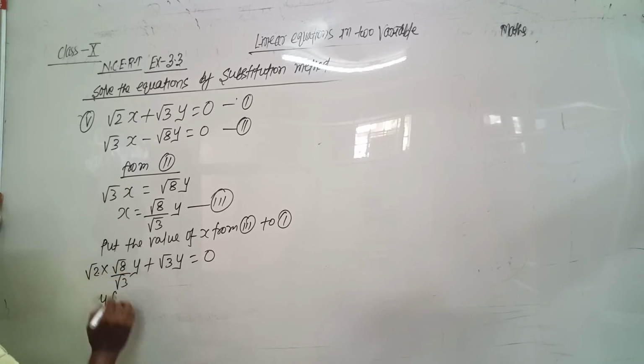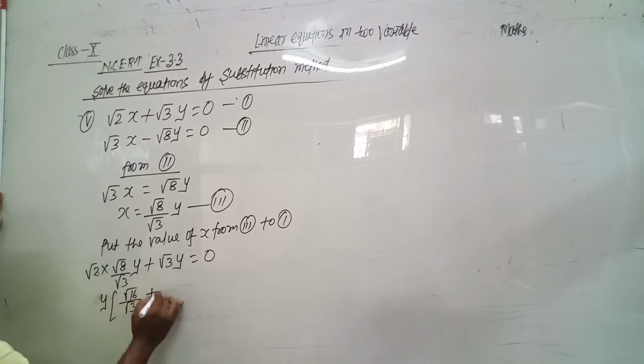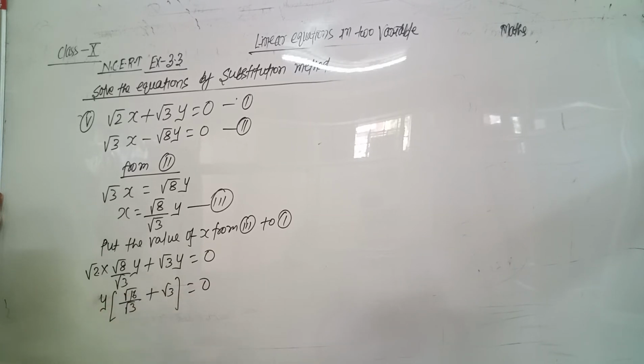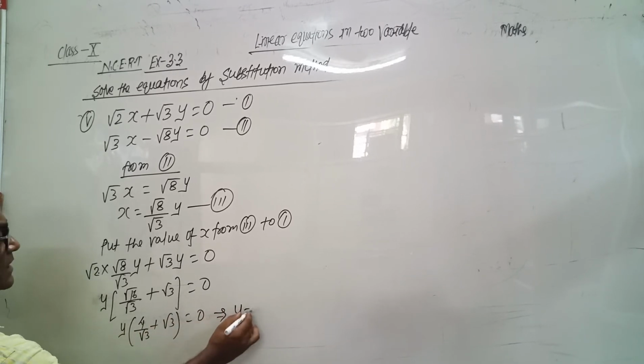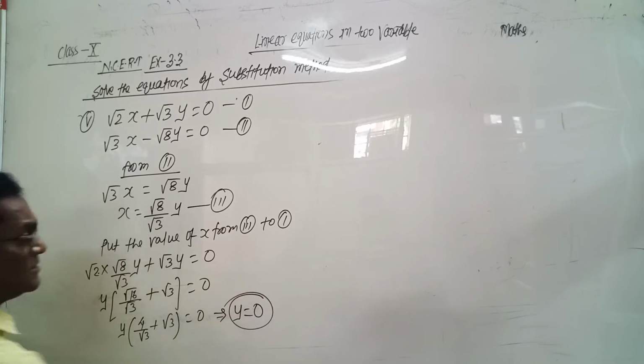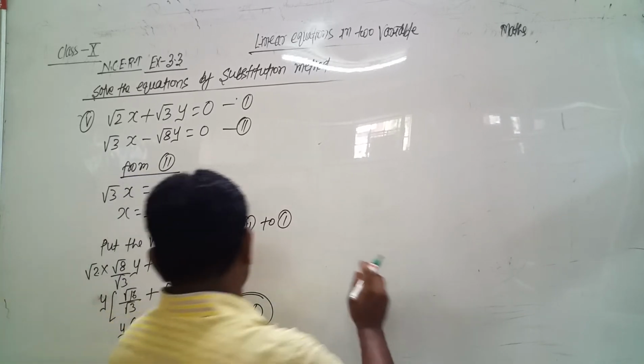So root 2 into root 8, root 16 by root 3, plus root 3 equals 0, and root 16 is 4. So y into (4 by root 3 plus root 3) equals 0, and the value of y... this goes to the denominator place, and 0 divided by anything gives 0. So the value of y comes to be 0.